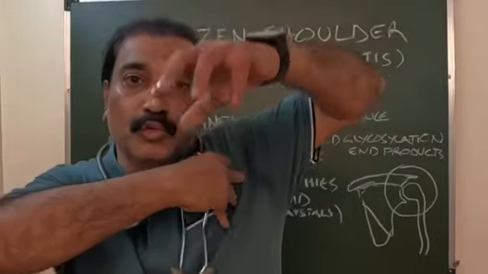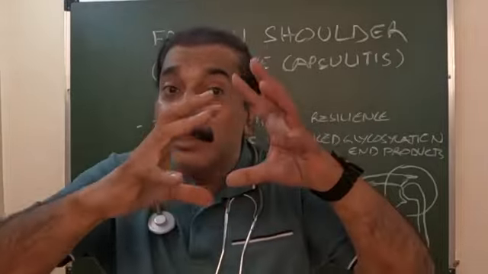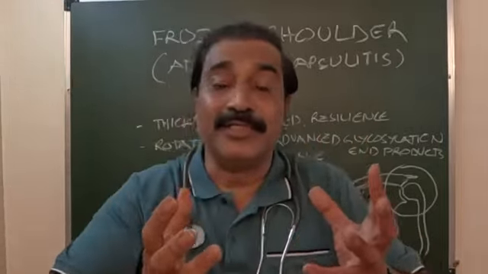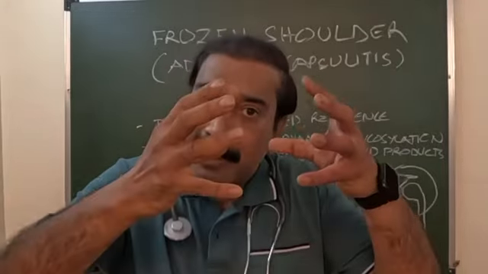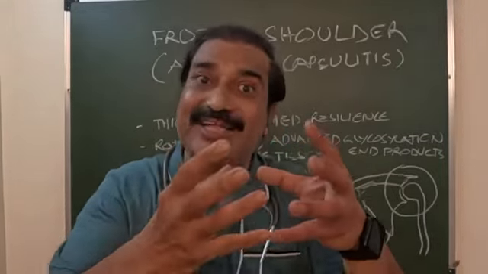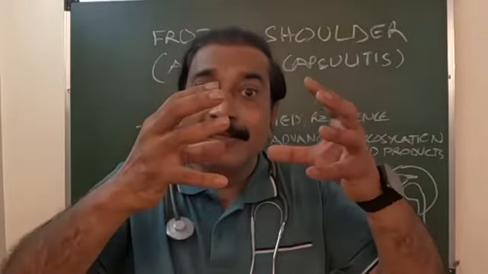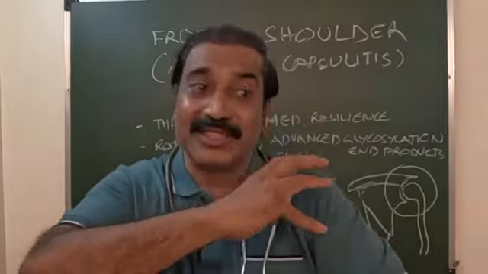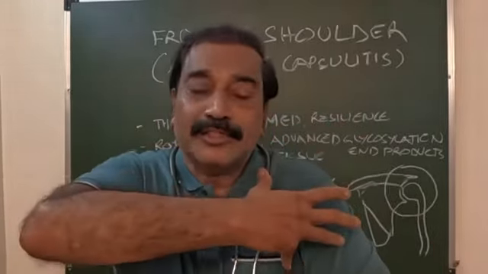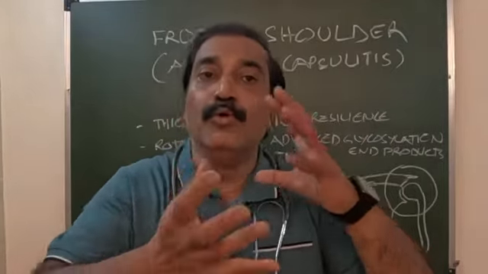You are able to move the shoulder because of about 4 to 5 muscles around it. In between the muscles, there is connective tissue and collagen. Muscle, tendons, connective tissue, collagen. This is the whole structure around the ball and socket joint of the shoulder, which makes movements easy.